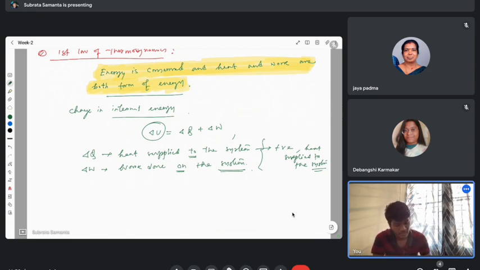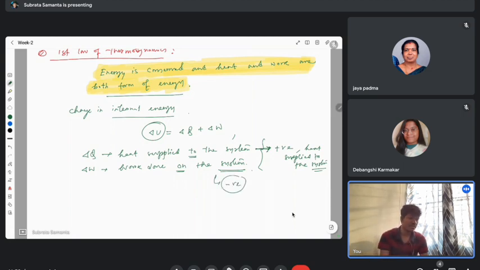That is the convention. So heat supplied to the system is positive, and heat extracted from the system is negative. Similarly, the work done is positive when it is work done on the system.